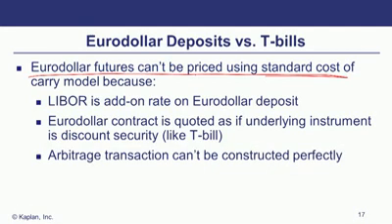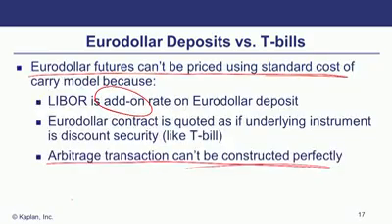But of course, the problem here is, as we said, Eurodollar deposits use add-on interest, whereas T-bills are discount instruments. So as a result of that, arbitrage transactions cannot be constructed perfectly. Okay, well, I guess this is just a wordy question. There's not much you can do with this other than basically learn it as a fact. That is my best advice here.